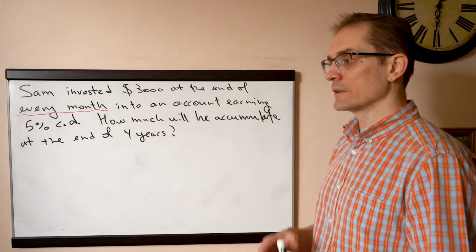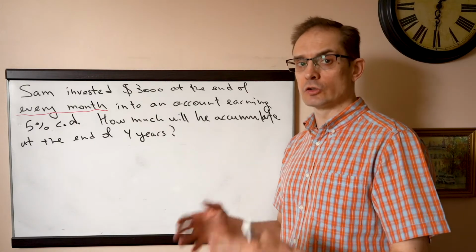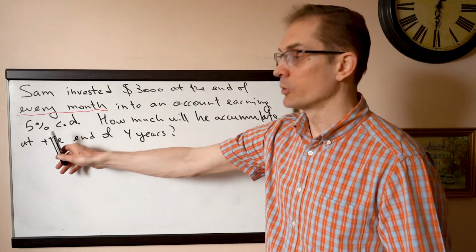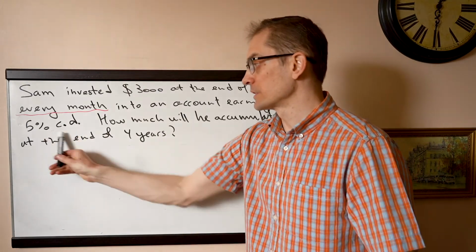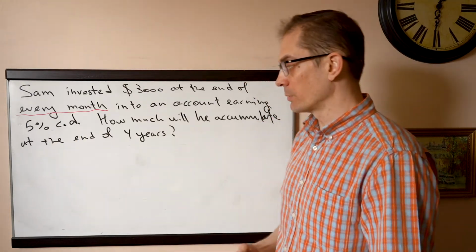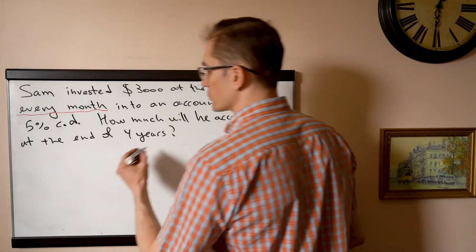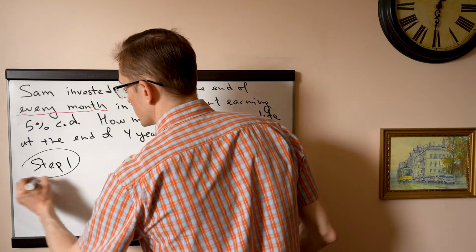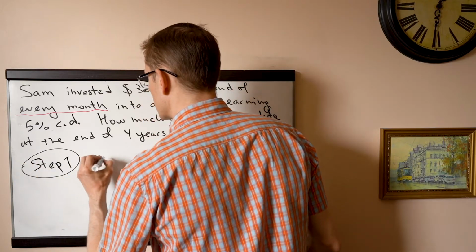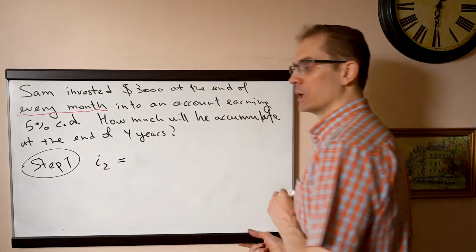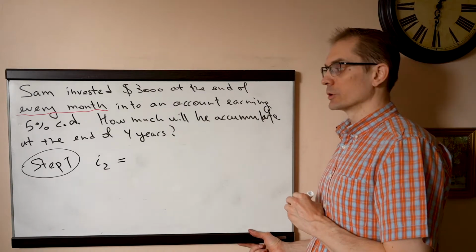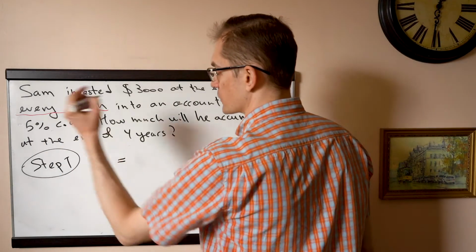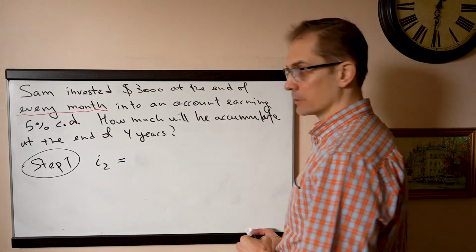So that is finding I2, the rate which is compounded monthly but equivalent to 5% compounded daily. So in order to solve this problem, we need a step 1. Let's call it step 1. Step 1 is about finding I2, the rate which is compounded monthly and which is equivalent to 5% compounded daily.